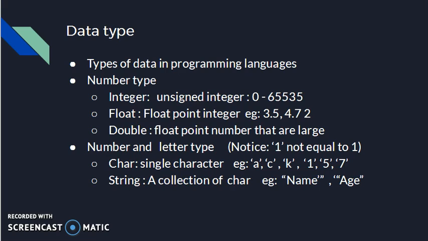Double is a floating point number that is large. Under number and letter type, character is a single character, such as C, K, 1, 5, 7. String is a collection of characters, for example, name and age.